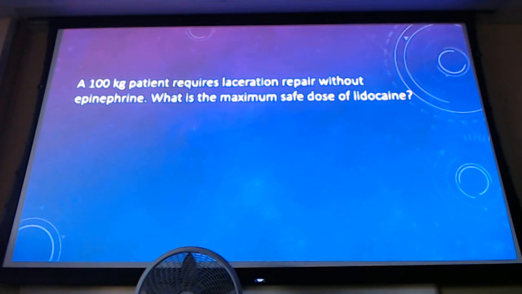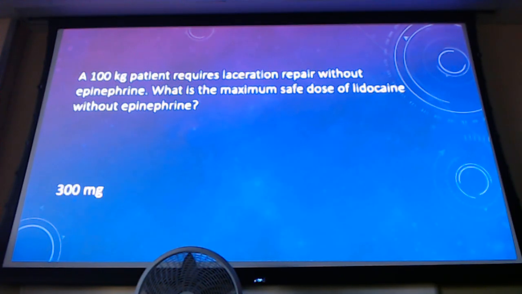Alright, you have a 100 kilogram patient requiring laceration repair without epinephrine. What is the maximum safe dose of lidocaine? Lidocaine without epi, what's the max dose? Say it out loud. 300 milligrams. Good. What if it's with epi? 500.